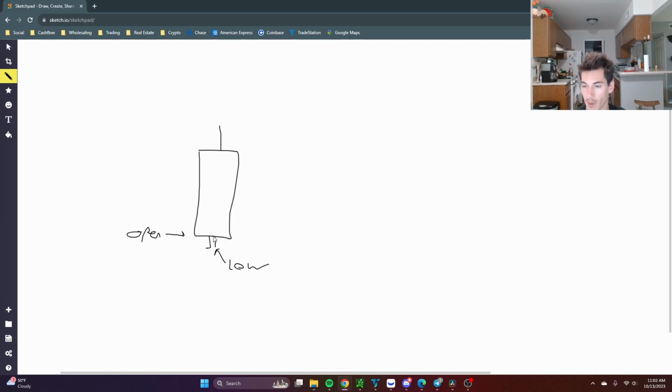Then you don't exactly know where price went in this candlestick, but it might have opened here, went above here, then came down here, then went up here. You don't exactly 100% know, but if you're watching it live, it doesn't really matter. And so price comes down here, then just goes up, and that's where it closed.